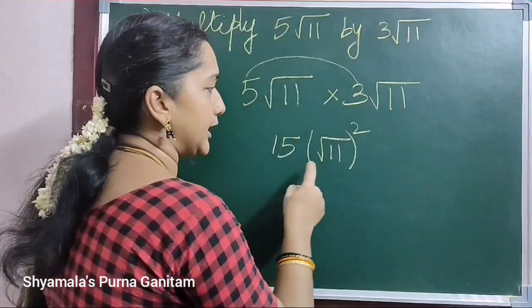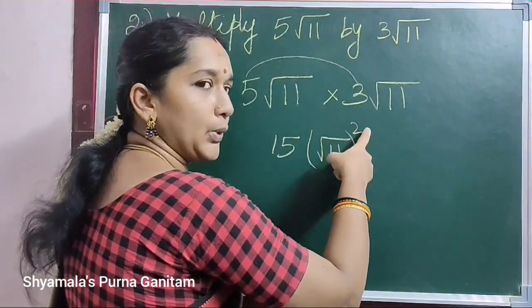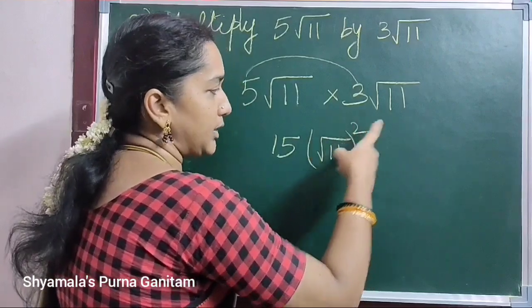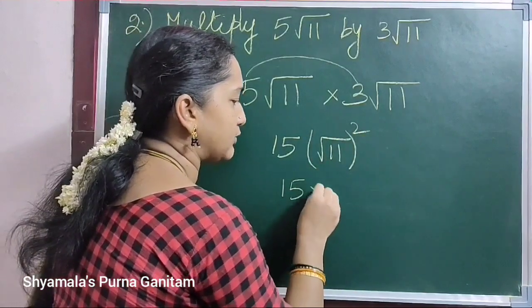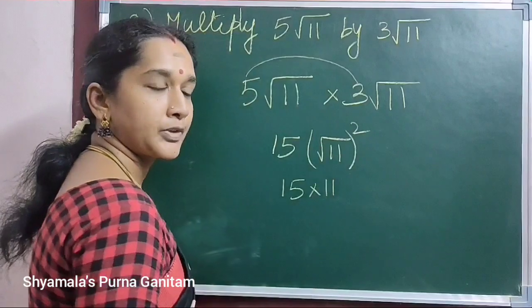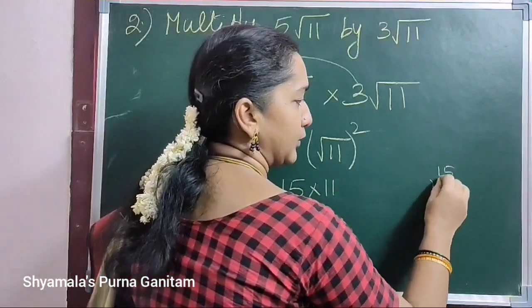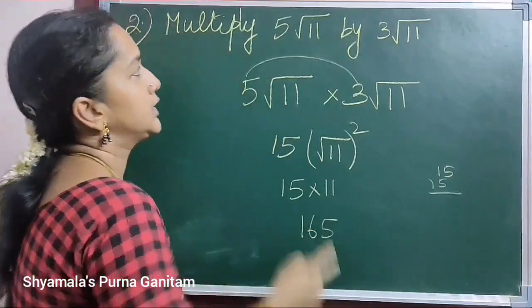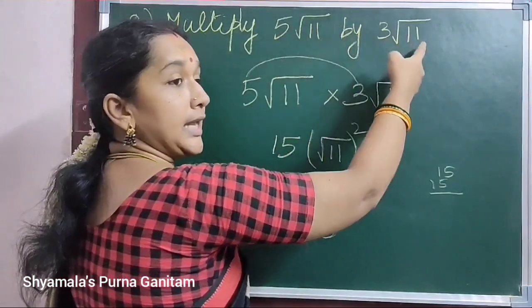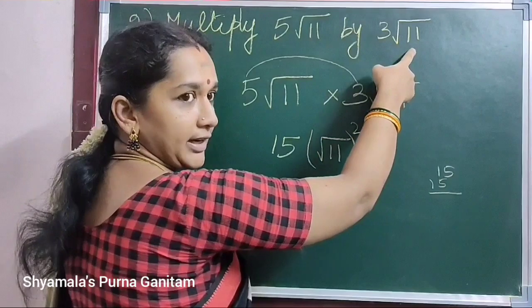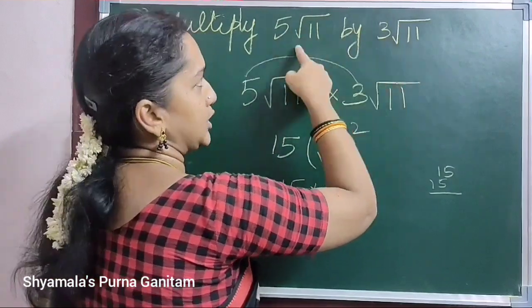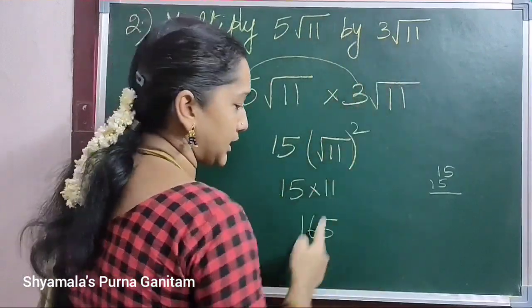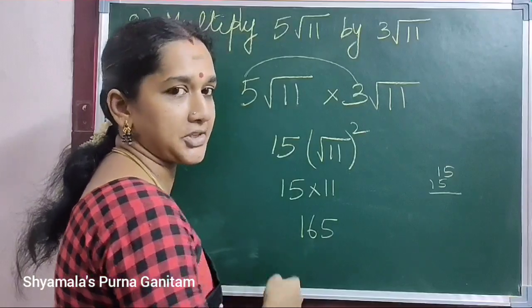As I told you earlier, this is 11 power 1 by 2 into 2, so that will be cancelled. You will get the answer as 15 into 11, which is 165. This is the answer. Here these two are irrational numbers, you are having root 11. So when you multiply two irrational numbers, you are getting the answer as rational.